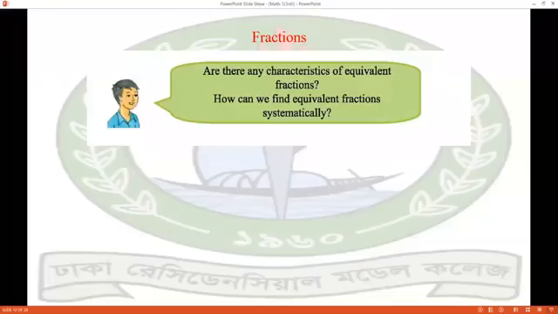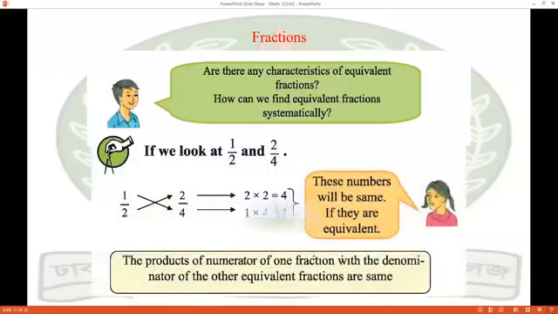How can we find equivalent fractions systematically? Yes, there is a possible way. If you look at half and 2 by 4, that means 1 by 2 and 2 by 4, are they equivalent? We can find it in a simple way.